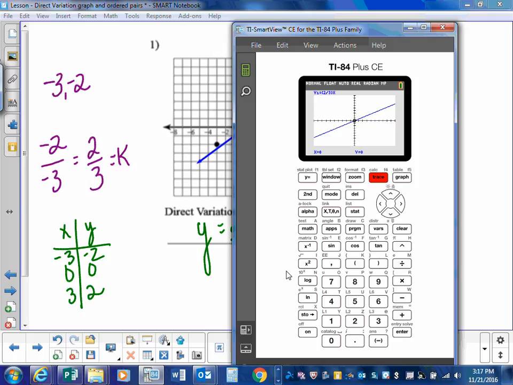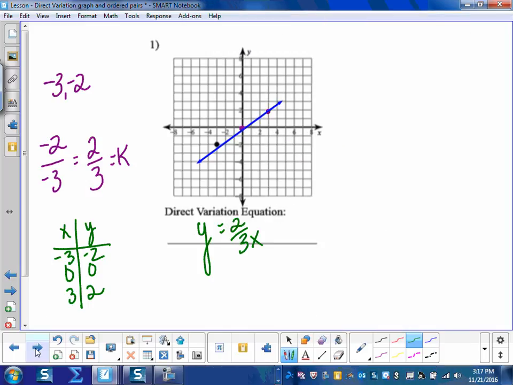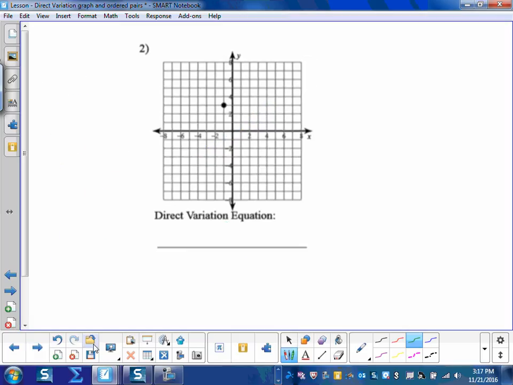And yes, that looks like our graph. Let's verify that these 3 points are on it. (-3, -2), (0, 0), (3, 2). So that is correct. So go ahead and try number 2.